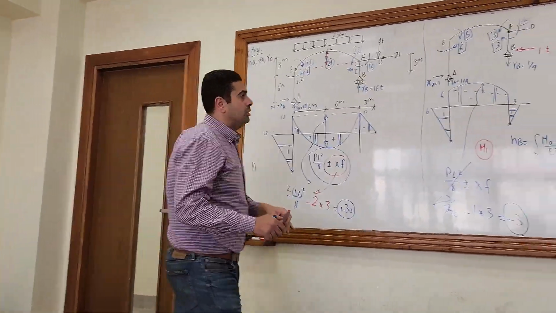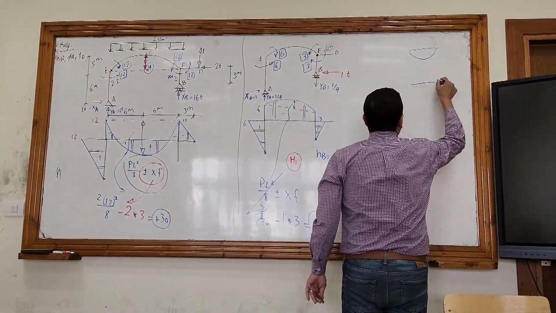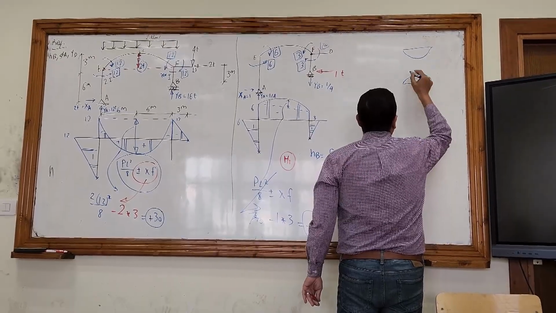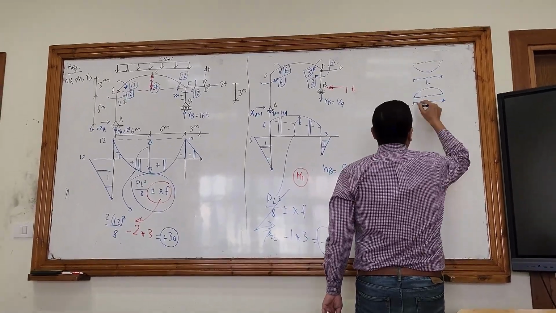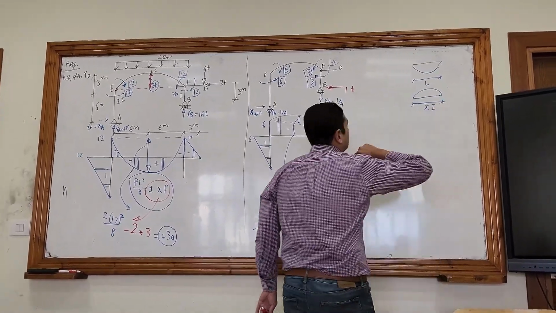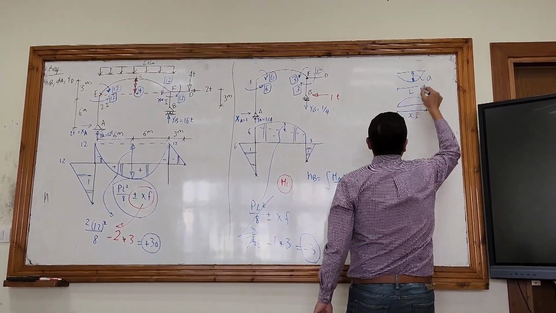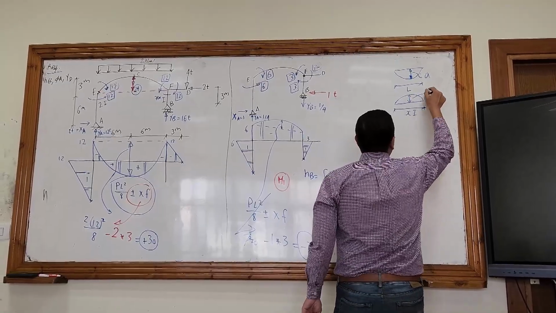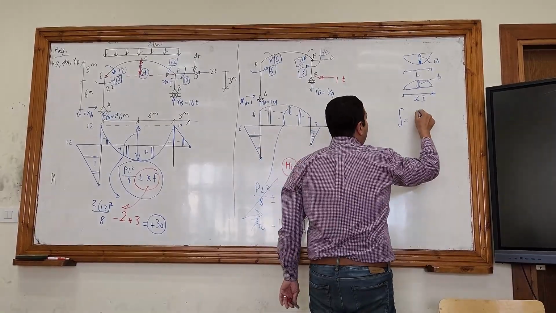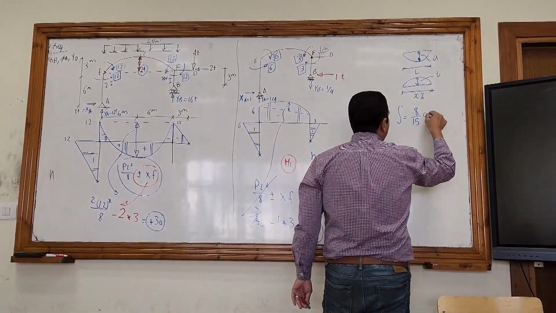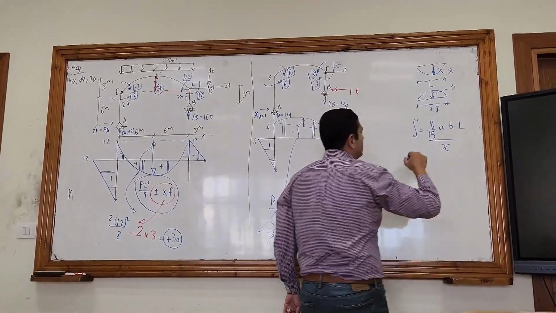When I'm integrating a parabola with another parabola, with the length of a member L and inertia factor X, and this is having a value of A and this is having a value of B, the integration will be equal to 8 over 15 A times B times L divided by X.